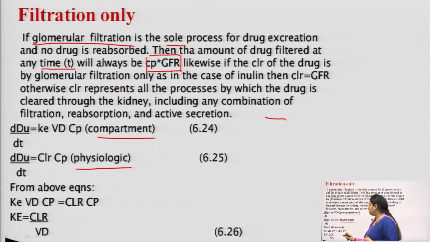From the above equations, Ke Vd Cp = CLR Cp, and by simplifying, Ke = CLR/Vd. This is how we usually compare the equations to understand different physiologic variations and processes.